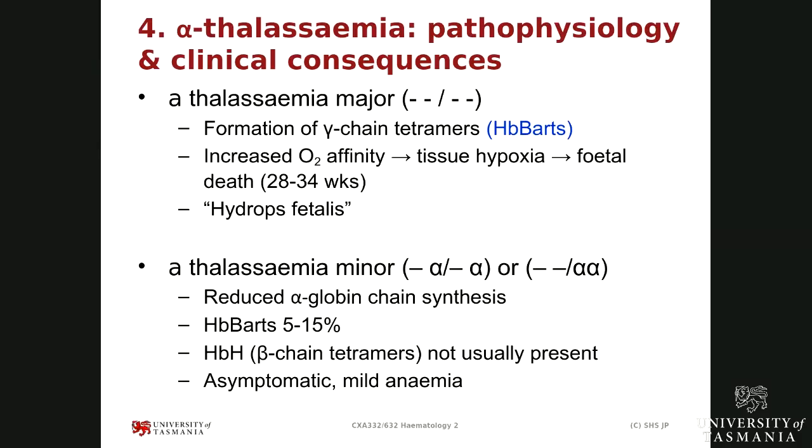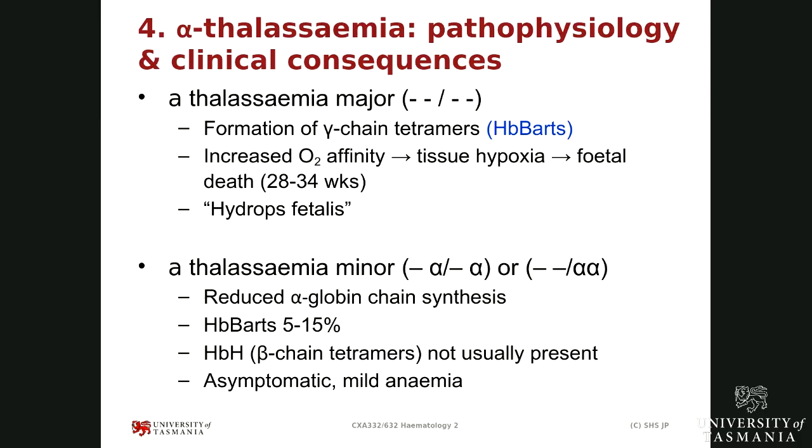At the other end of the spectrum, we've got alpha thalassemia minor. And as I said, this second one here is the more common genotype that we see. We have reduced alpha globin chain synthesis, and in the fetus you might get some hemoglobin Barts being formed, but when that gamma beta switch happens at about 6 months of age, the hemoglobin H isn't usually present, because the interesting thing about alpha and beta chain production is that the alpha chain production tends to limit the rate of the beta chain production.